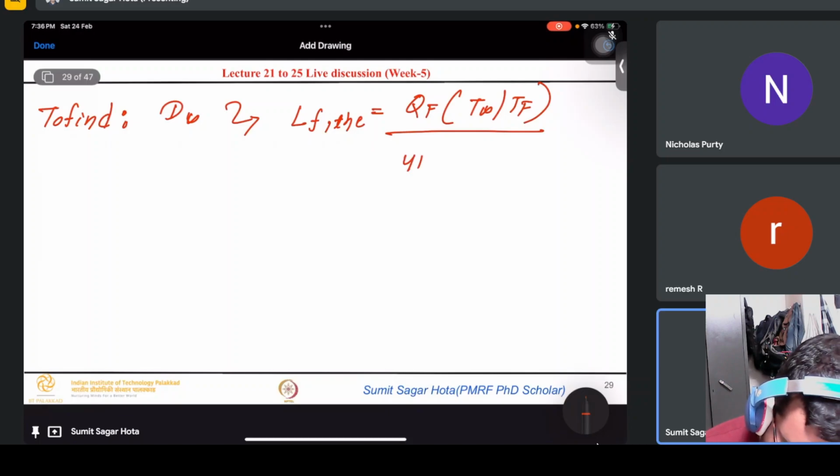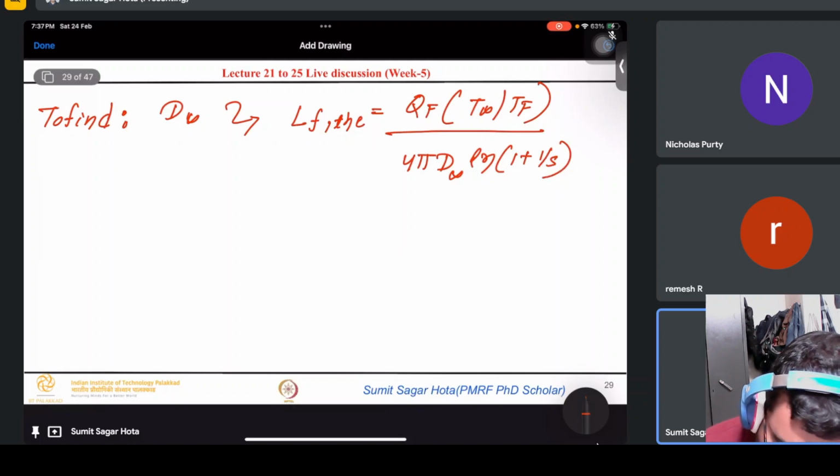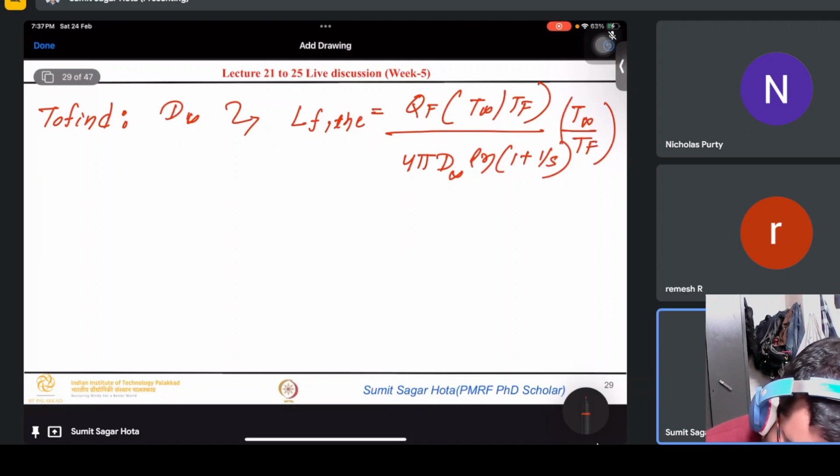The equation they will give here because the equation is very difficult to remember, but possible. If they don't ask you the question directly, they can ask, okay, the theoretical flame length is inversely proportional to your diffusion coefficient, true or false.